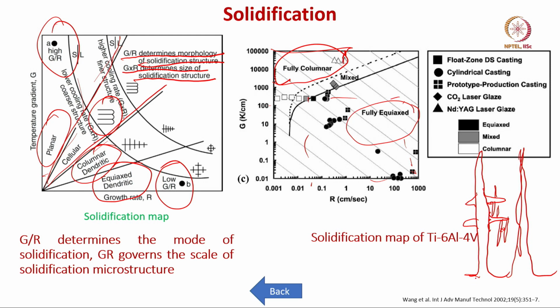The moment you see this kind of dendritic structure, it should remind you that it is highly anisotropic in nature, right. So, these highly anisotropic grains are developed in this kind of microstructure, and there is a transition between fully columnar and fully equiax, which is the mixed type of structure.